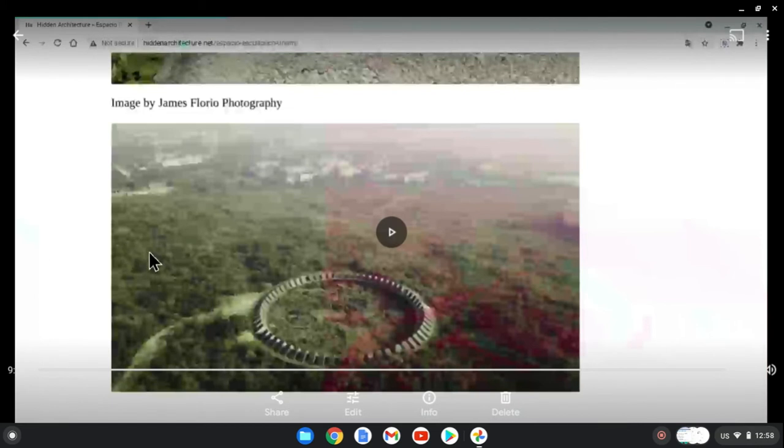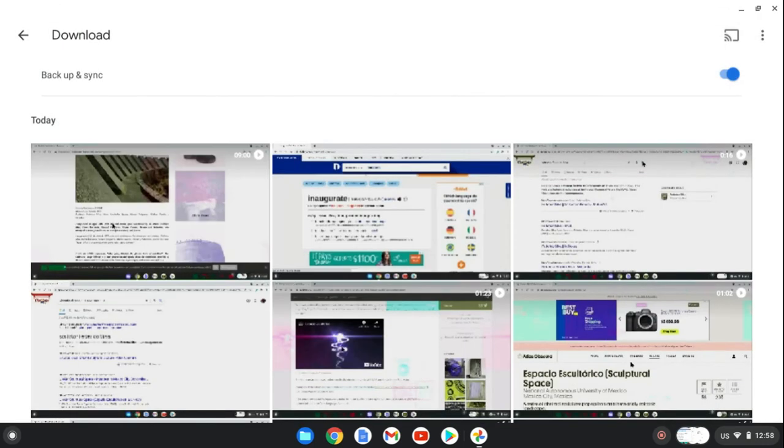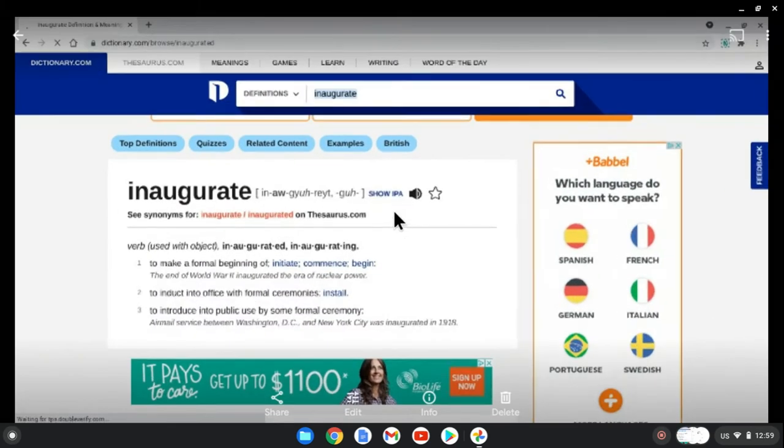Alright, so I know that was a little long, but a lot of interesting detail of no detail. So, what does it all mean? I don't know. But what did inaugurate mean?